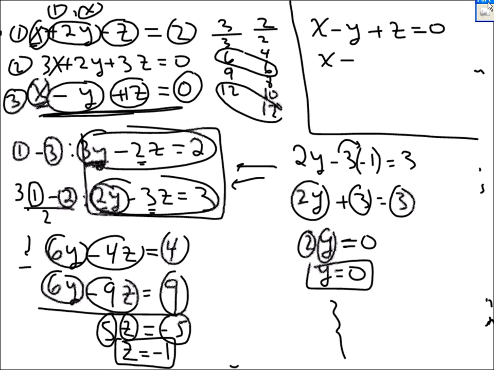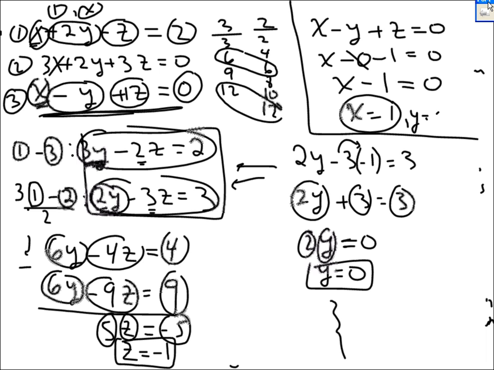X minus y is 0. Now plus z is just negative 1. X minus 1 is 0. Now, you know 1 minus 1 is 0. You know that like you know your name. The answer is, x is 1, y is 0, and z is negative 1.